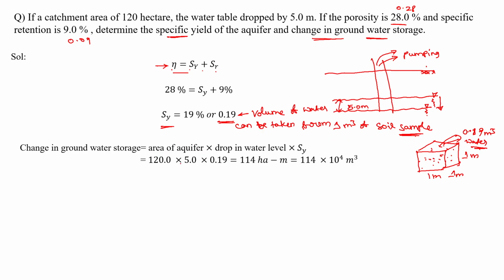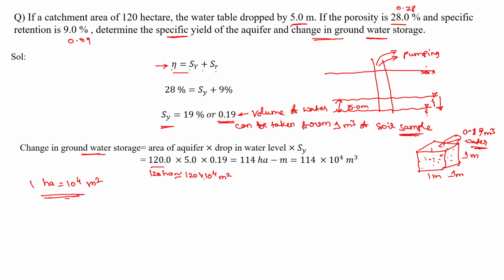Let's say we observe the 5 meter drop in the water table. How much is the change in groundwater storage? Here the area we consider is 120 hectare. It can be written as 120 into 10 power 4 meter square, since 1 hectare equals 10 power 4 meter square.